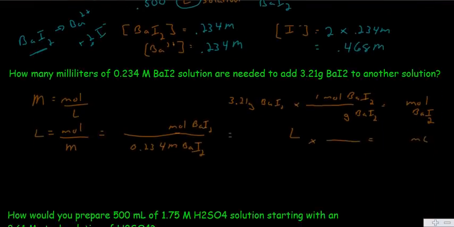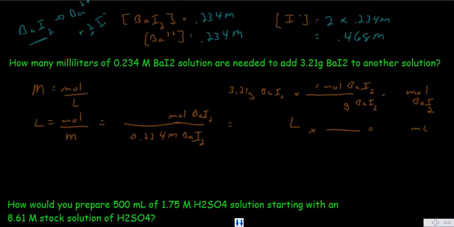Okay. Next question. How many milliliters of 0.234 molar barium iodide solution are needed to add 3.21 grams of barium iodide to another solution? So you want to add a certain number of grams of solute. In order to determine how many milliliters of solution you need to add, you'll need to know the number of liters of solution, which, knowing the molarity and the number of moles you add, you can get to liters.